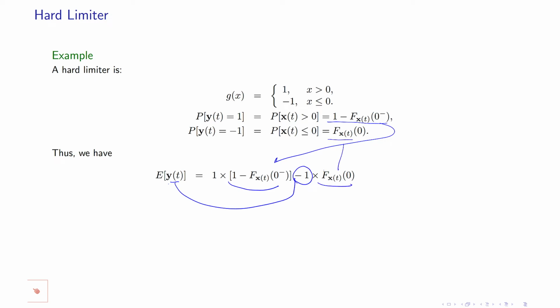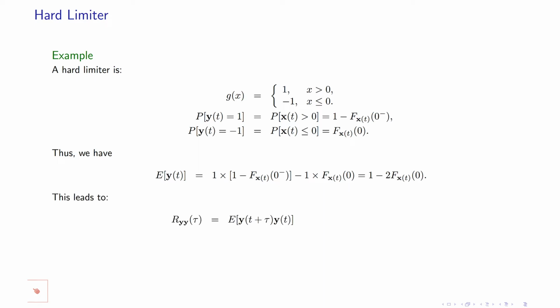If you add them together and simplify, you get the mean of y of t. Obviously, if x of t is a continuous type random variable, you get 1 minus twice the CDF of x at time t, evaluated at 0.